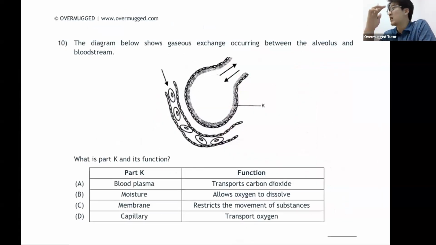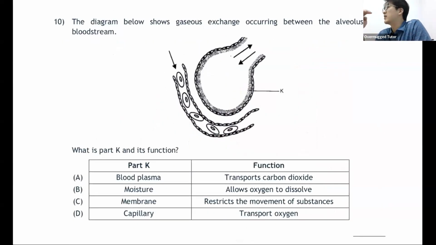All right, last question. I would say this one is the most straightforward that I made. It's about identifying correctly the structures of the alveolus and being able to tell me what its function is.